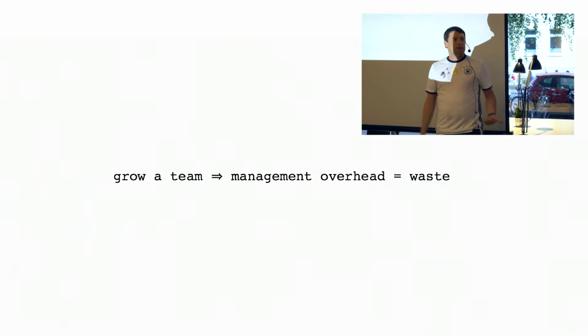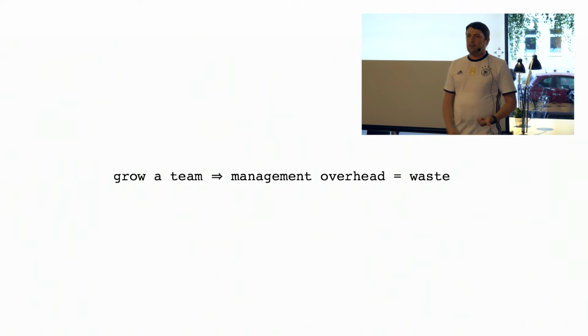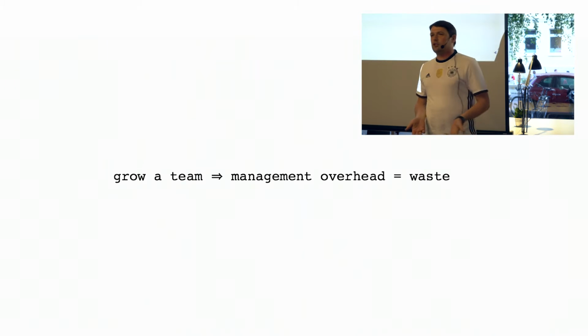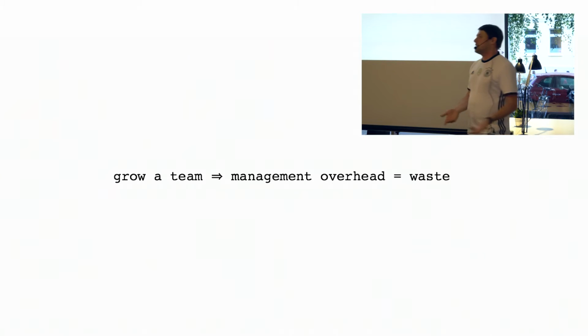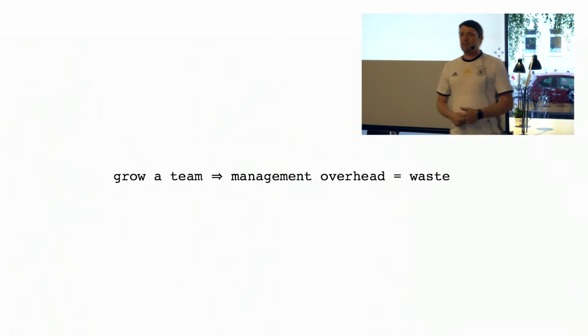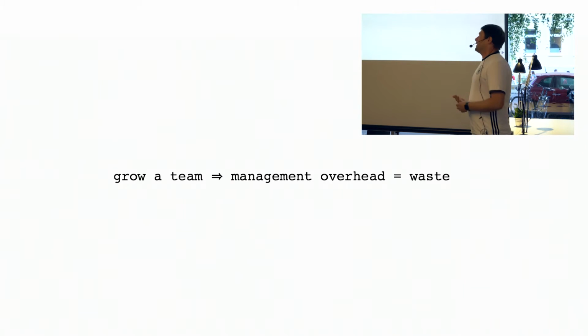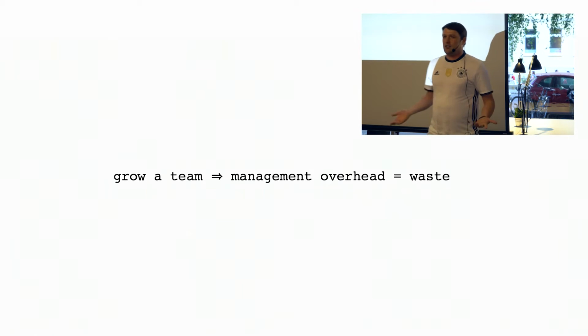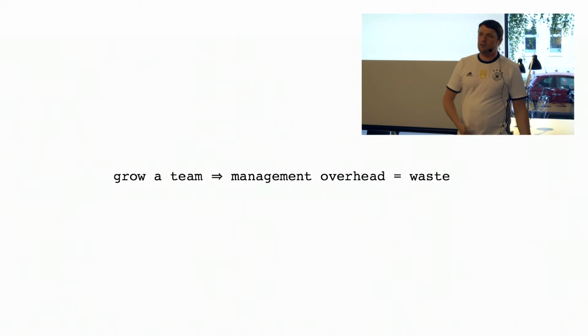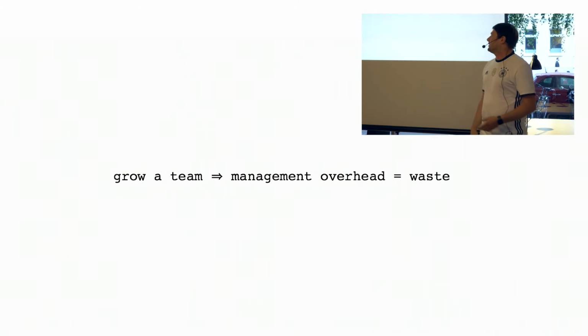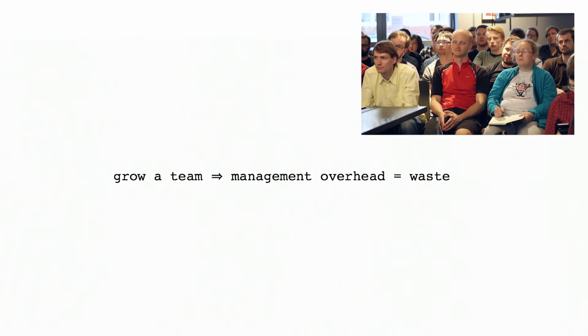For example, there is some overhead in doing planning. The different people need to communicate with each other because they are all working on the same code base. So 100 people working on the same Git repository, on the same class all the time, whoa. They should at least talk to each other to coordinate this. And of course, this results basically in people like me. Architects are just some kind of overhead that you need to handle the size of a team. And all of this is waste, including me.